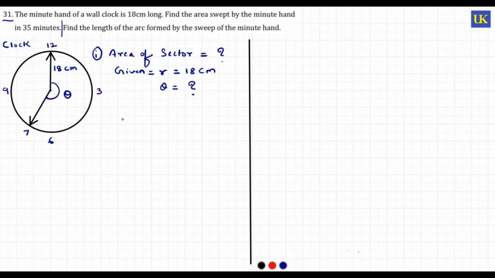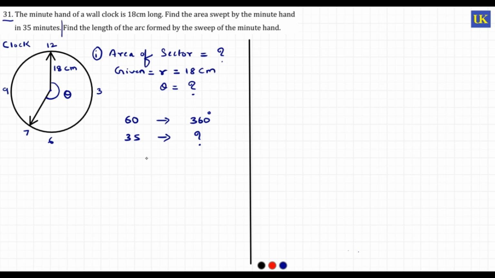Now we know that in a circle the total angle is 360 degree. In a clock we have 60 minutes. So for 60 minutes, how much angle do we have? We have a total angle of 360 degree. Then for 35 minutes, how much will be the angle? That is our theta.